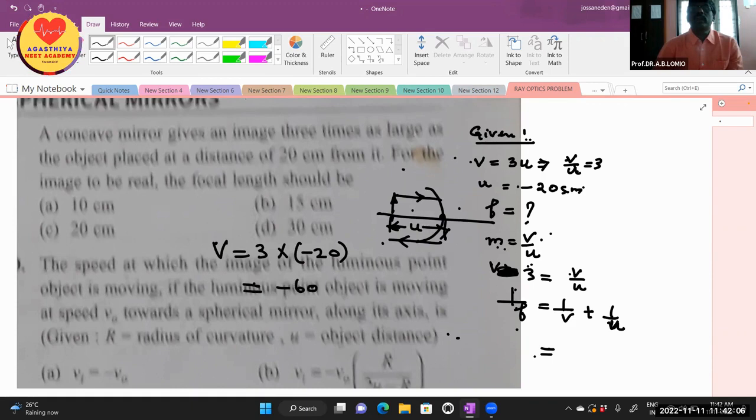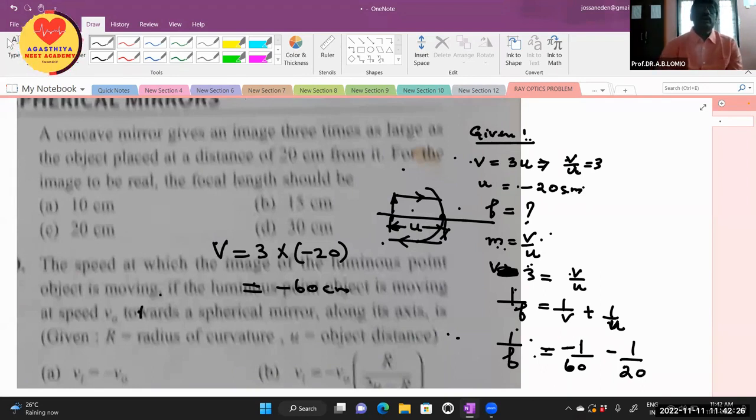Therefore, it becomes minus 60. Therefore, 1 by F is equal to 1 divided by minus 60 plus 1 divided by minus 20.